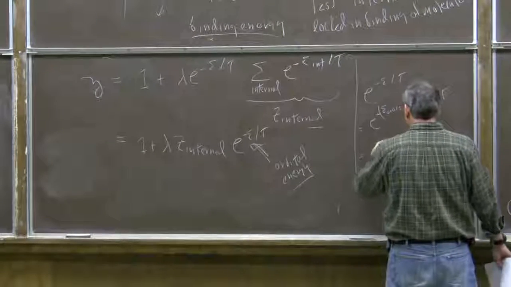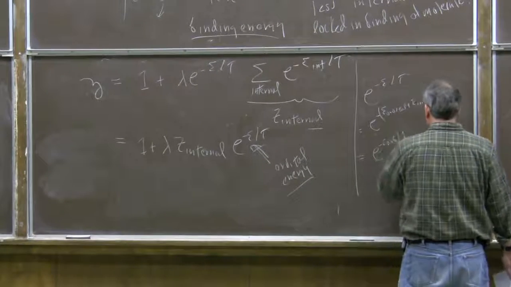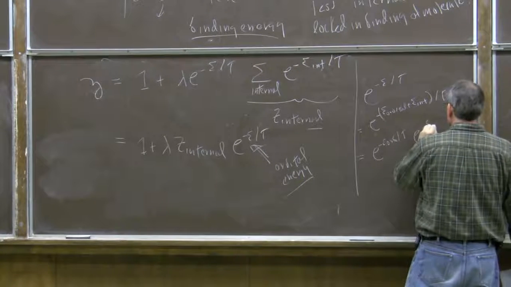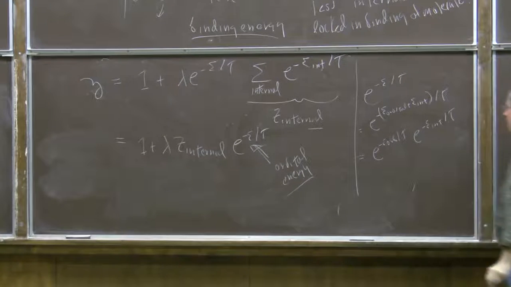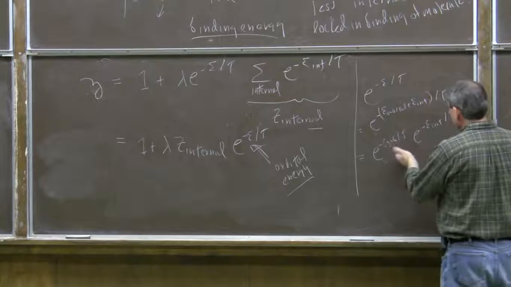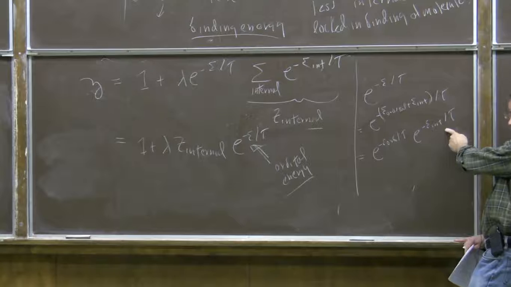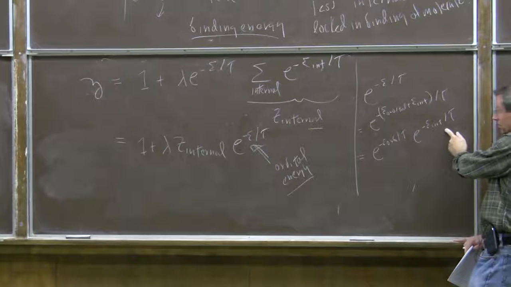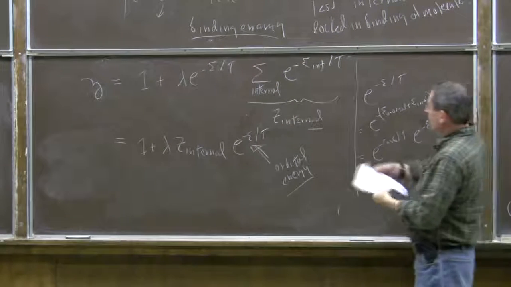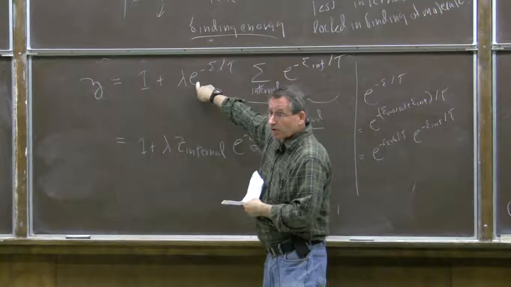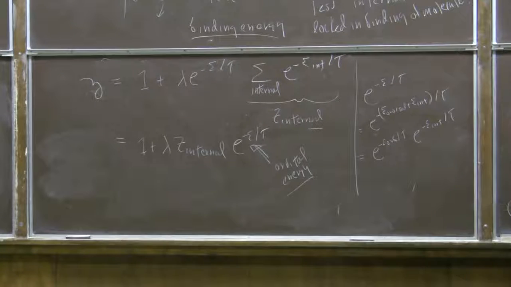So e to the minus epsilon orbital over tau, e to the minus epsilon internal over tau. And then when I sum over all the degrees of freedom, I'm summing over orbitals, but for each orbital I'm also summing over the internal degrees of freedom. So it just becomes a factor multiplying this Boltzmann factor depending on the orbital energy.